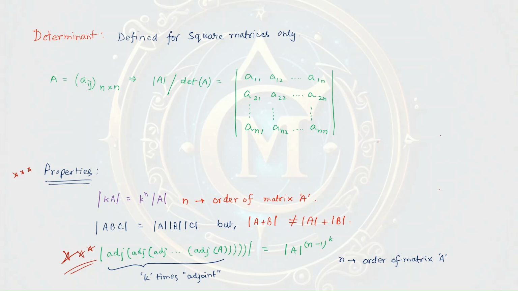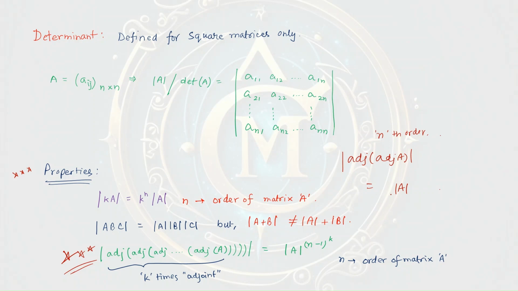So that means if we are to calculate the determinant of adjoint of adjoint A, let's say A is an nth order square matrix.